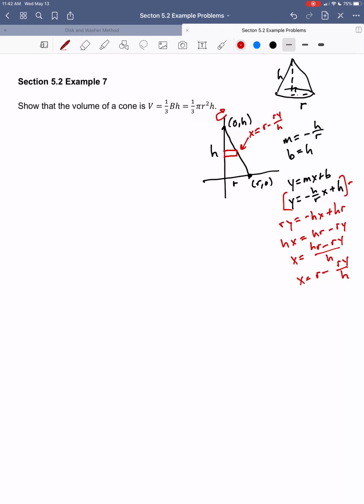So if I just look at a disk, that's going to be pi r squared times delta y. R is just this length of the rectangle. That's just that r coordinate there. So that's going to be r minus ry over h, squared.